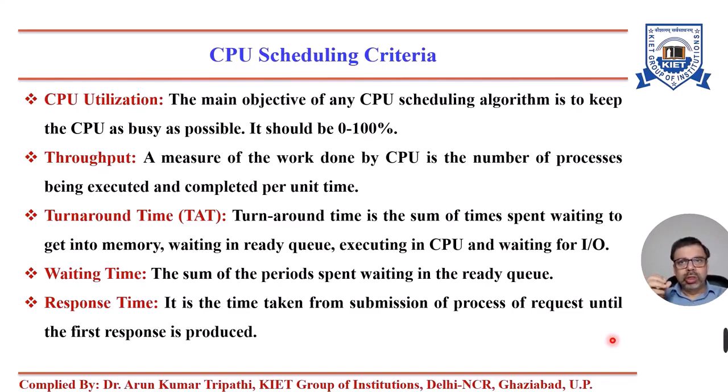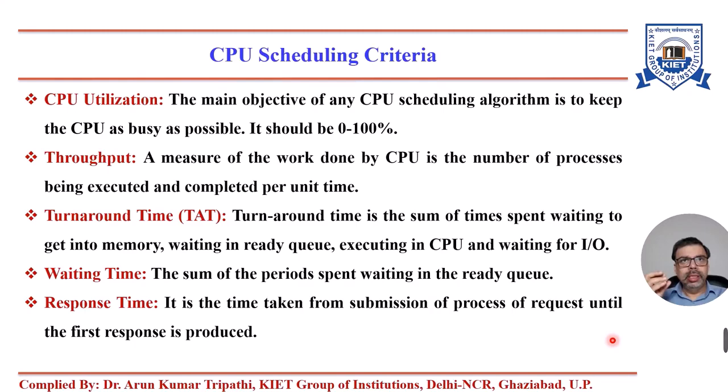Throughput. Throughput is basically the amount of work done in unit time. How much work is done by the processor at a particular unit of time. So work done should be maximum. Third one is the turnaround time.